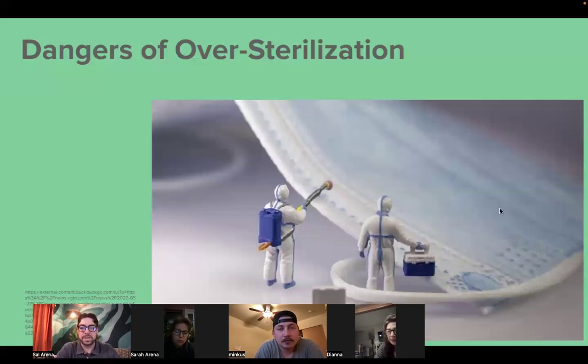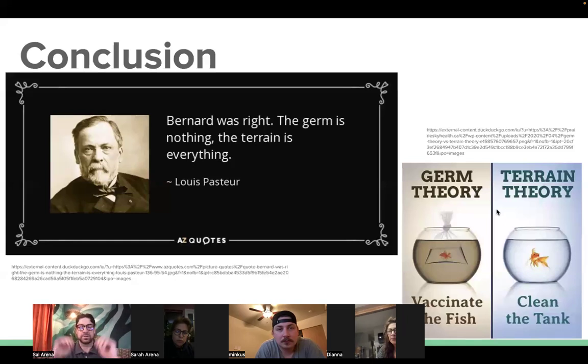As we move forward, let's take a moment and visualize two different scenarios. There's a fork in the road here. Either we continue on with germ theory, or we make a pivot and go with the terrain model. There are other models and paradigms put forth, but I believe the terrain model is the most convincing.